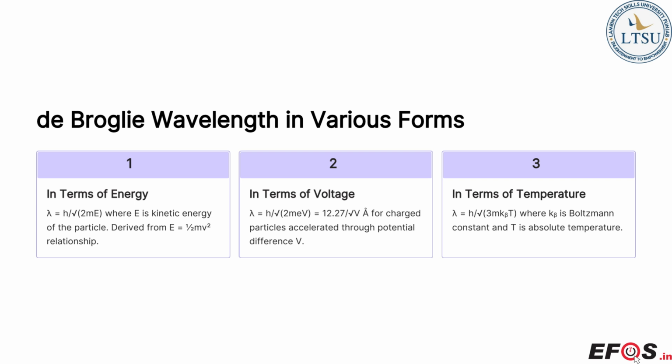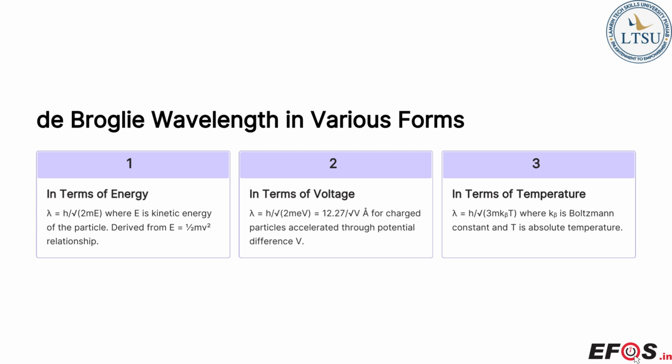The de Broglie wavelength formula can be expressed in different, more practical forms depending on the context. 1. In terms of energy, E. Since kinetic energy E = mv²/2, we can rewrite the formula as λ = h/√(2mE). This is useful when the kinetic energy of the particle is known. 2.